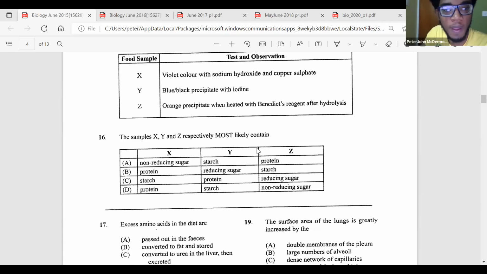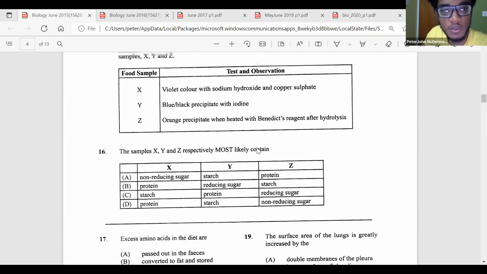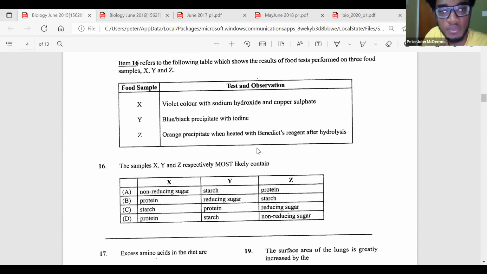Let's move on. All right, so next one, 16. You can read, it refers to the following table, which shows the results of the food tests performed on 3 food samples. So what can we see here? X, violet color with sodium hydroxide and copper sulfate. Y, blue-black precipitate with iodine.